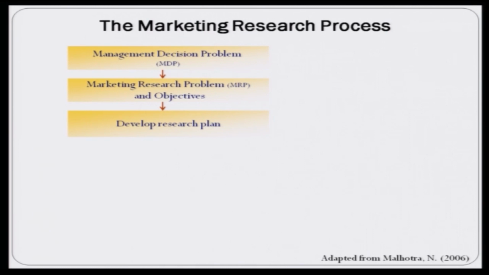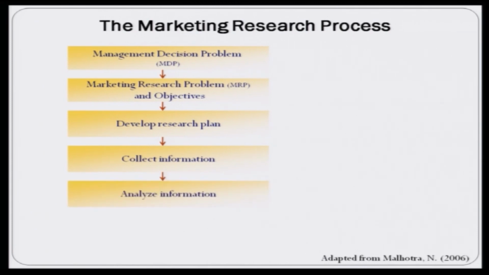Then he has to create a plan, a research design or a blueprint for how to fulfill those marketing research objectives, and in that he collects the information. The information could be primary, secondary, or a mix of both.